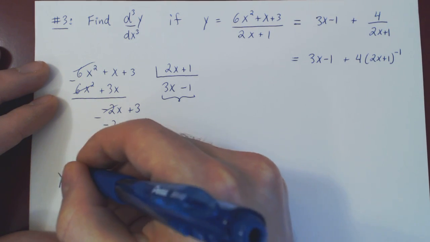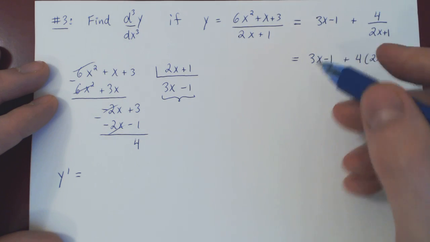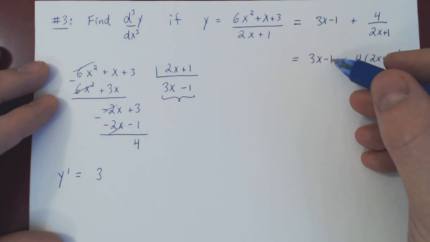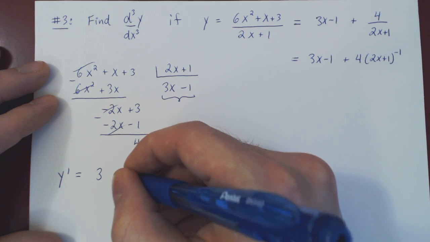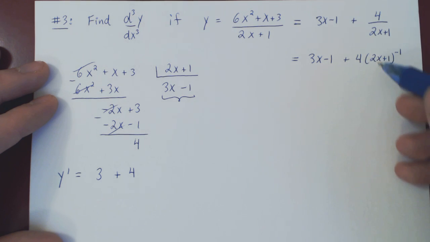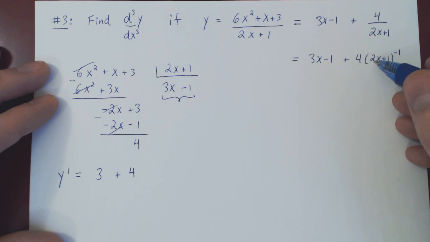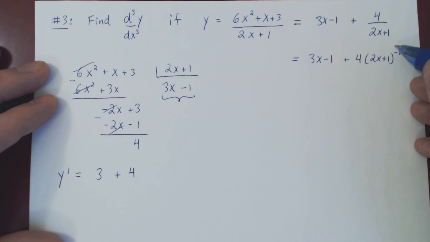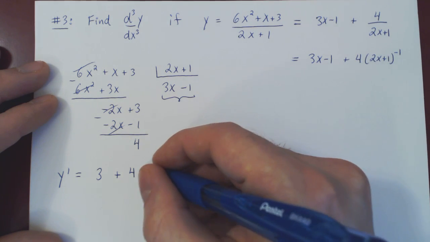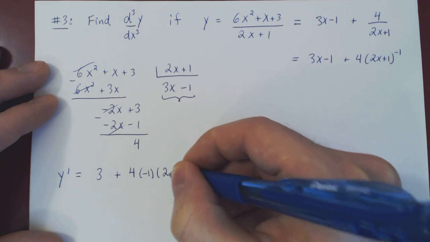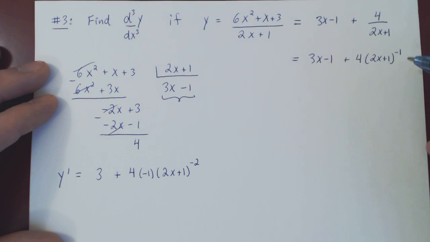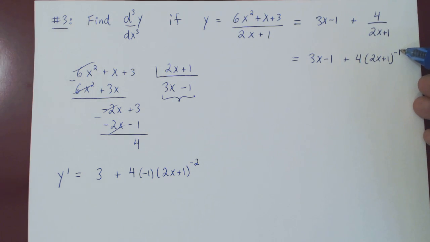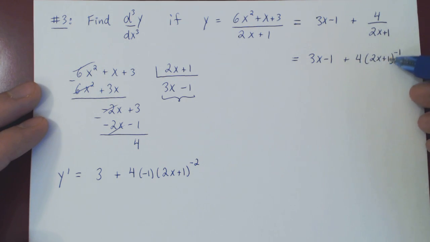So y prime, the first derivative: 3. Derivative of 1 is 0. Plus 4 is a constant multiple, so it stays there. Here we have the chain rule, right? 2x plus 1 and then to the power of negative 1. So power rule, bring the exponent down, times negative 1, 2x plus 1 to the negative 2. But that only takes care of the negative exponent. There's still the argument, 2x plus 1.